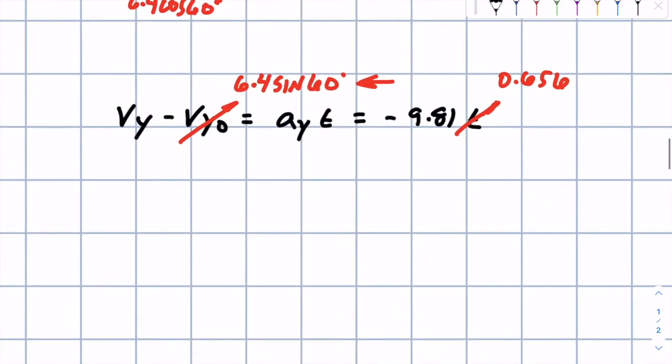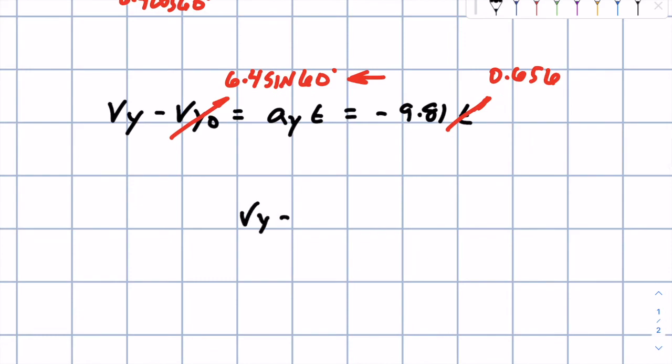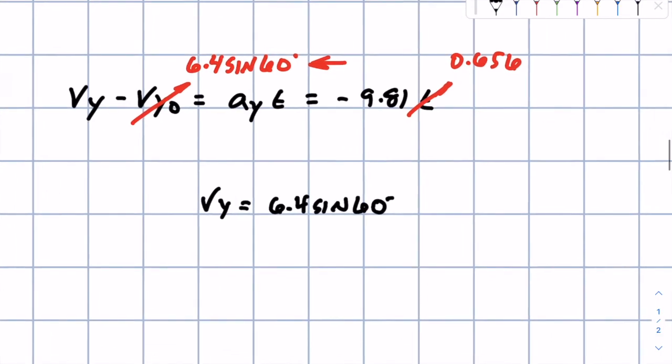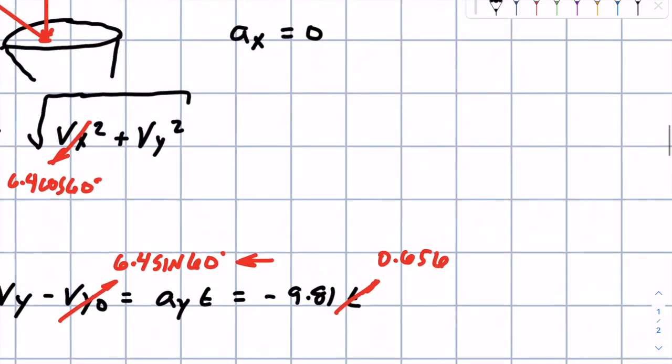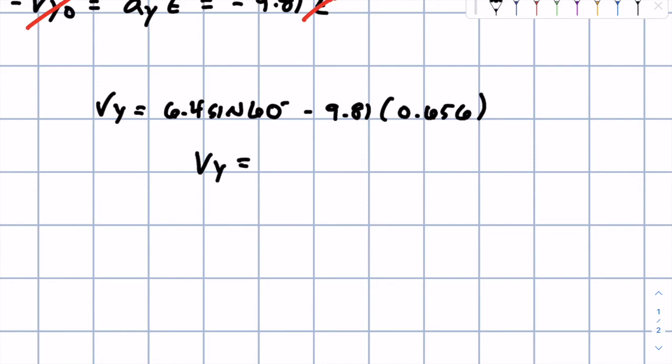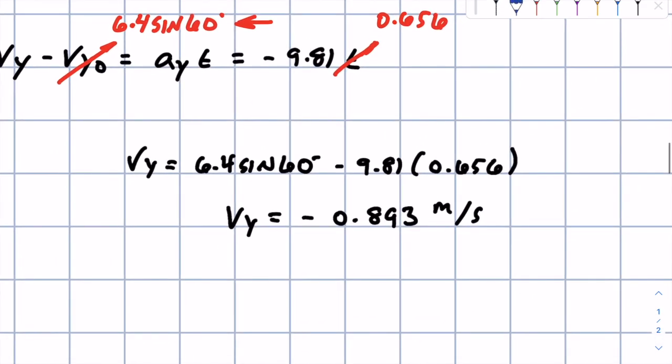So with that, we get Vy is equal to 6.4 sine 60 degrees minus 9.81 times 0.656, which gives us a Vy of negative 0.893 meters per second. Okay, so boom, there's that.